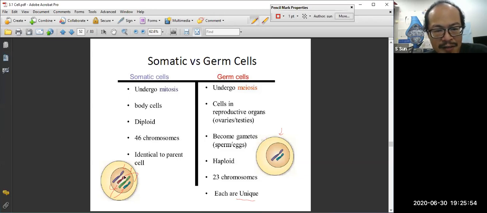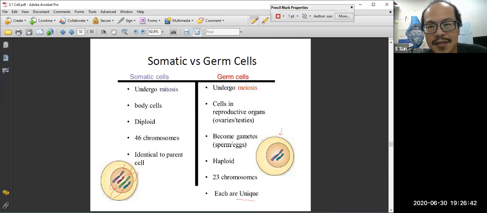One is from your father, one is from your mother. And so that's somatic cells.